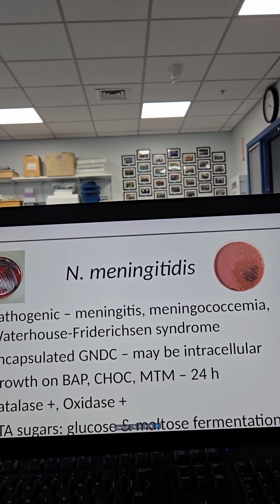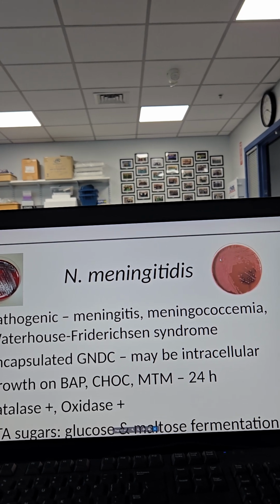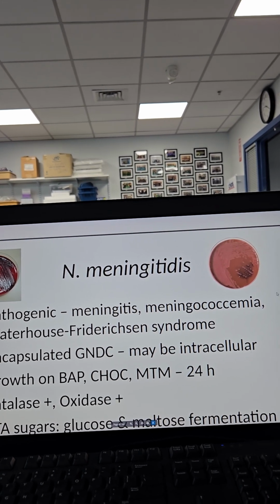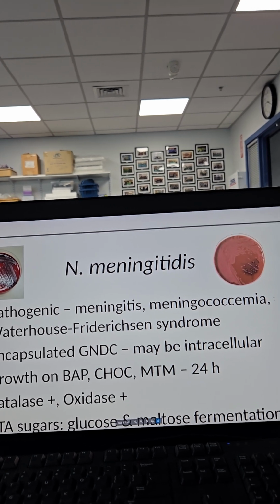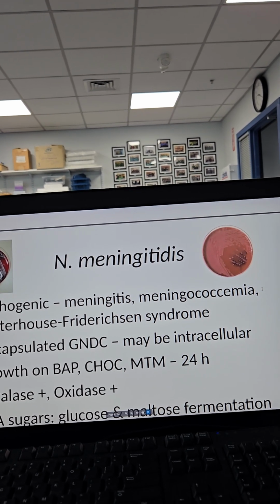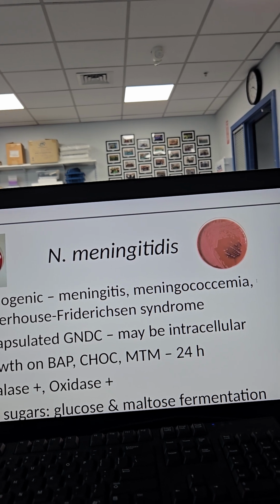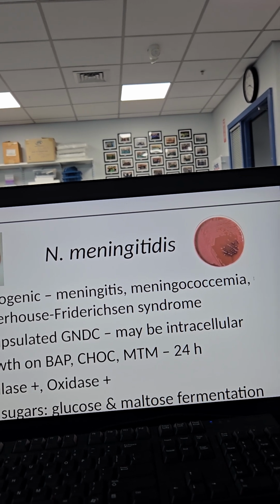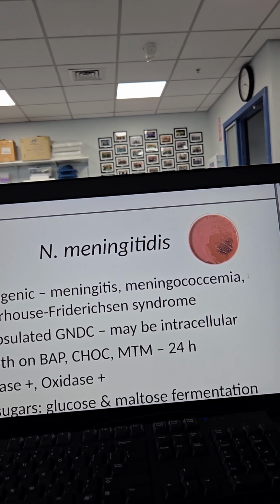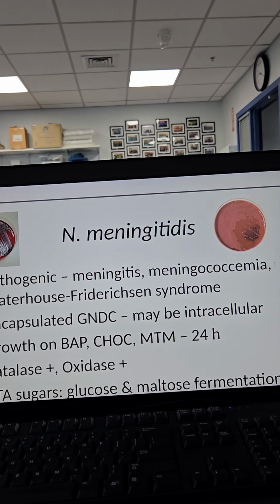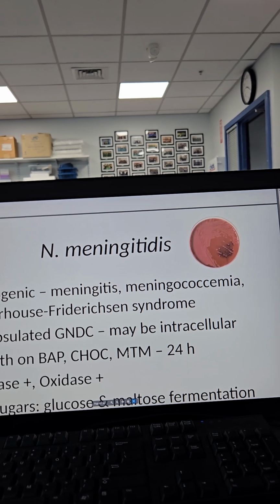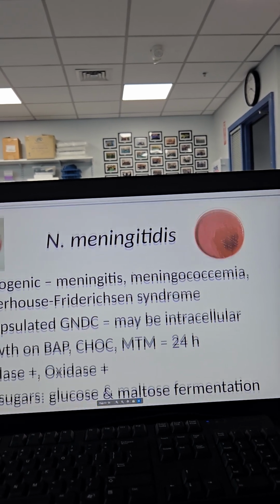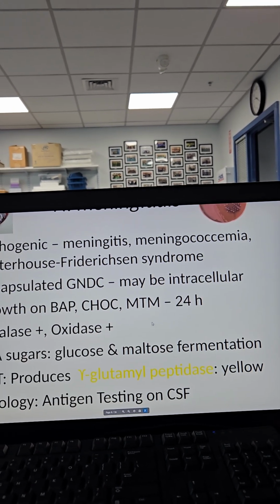So, it is encapsulated. It is a gram-negative diplococci. It's going to be catalase positive. It's going to be oxidase positive. It'll grow on the blood. It'll grow on the chocolate. It'll grow on Thayer Martin. Not that you're usually looking for meningitis in any genital cultures or anything like that. But it will grow on there within 24 hours. It grows very well.